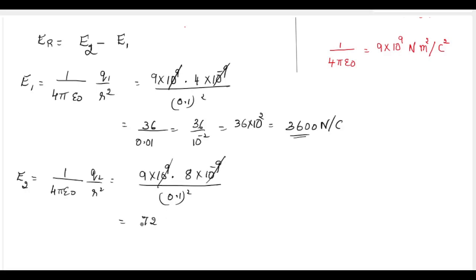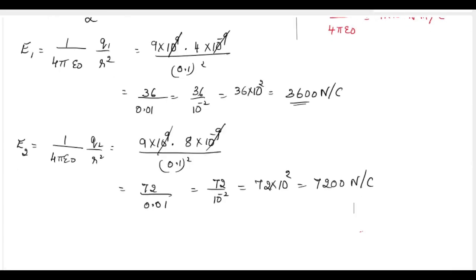This gets cancelled and divided by 0.01, which is equal to 72 divided by 10 to the power of minus 2, or you can write this as 72 into 10 to the power of 2, or 7200 Newton per coulomb. Now we can find the resultant ER. ER is given by E2 minus E1, that is nothing but 7200 minus 3600, which is equal to 3600 Newton per coulomb.